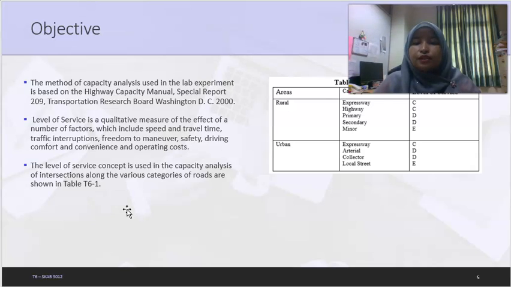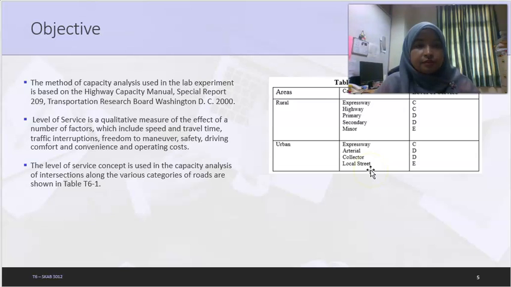The level of service concept is used in the capacity analysis of intersections. You have learned in the traffic engineering class the overview of capacity and level of service. As you see in this table, this is the minimum level of service for rural and urban areas based on the road category.